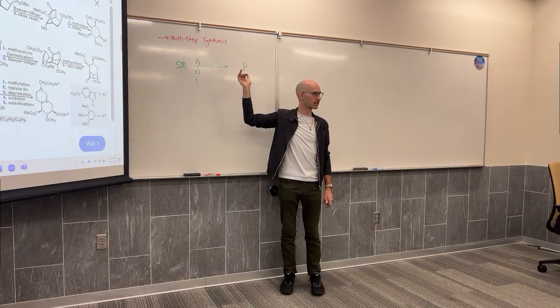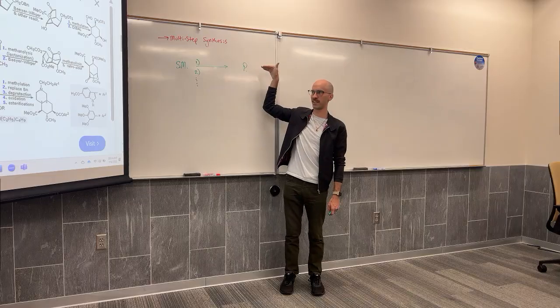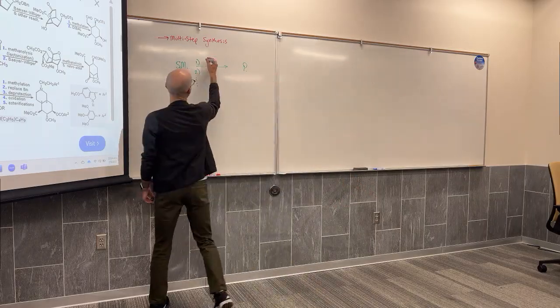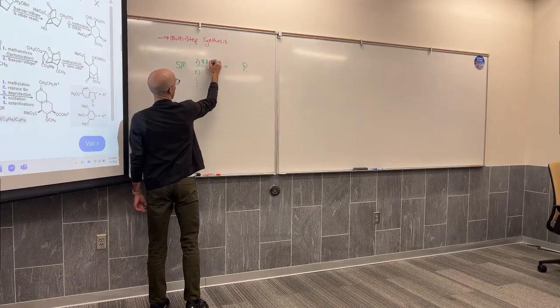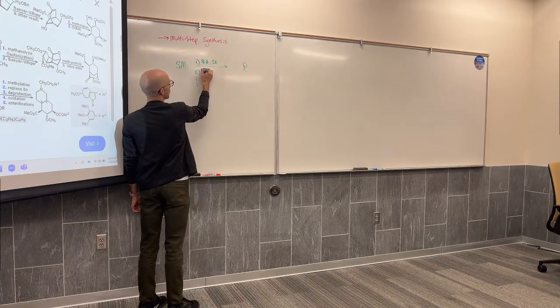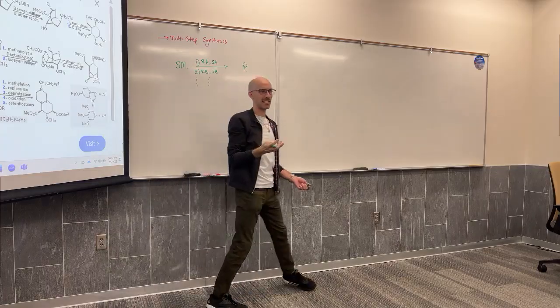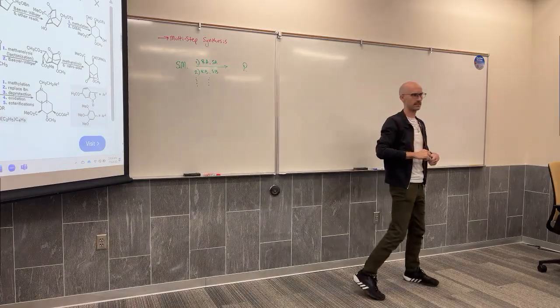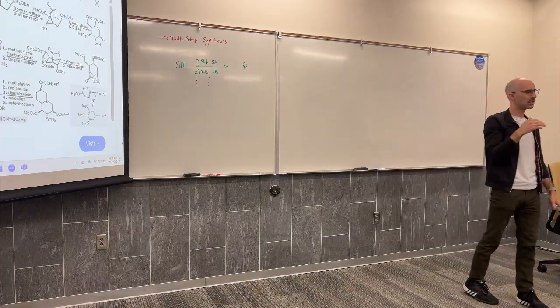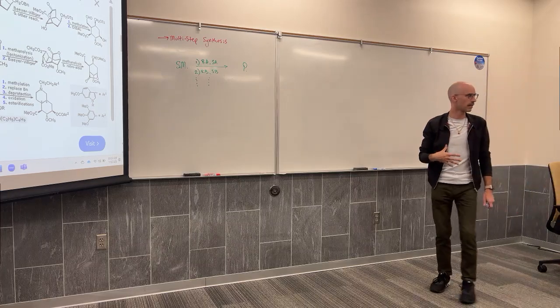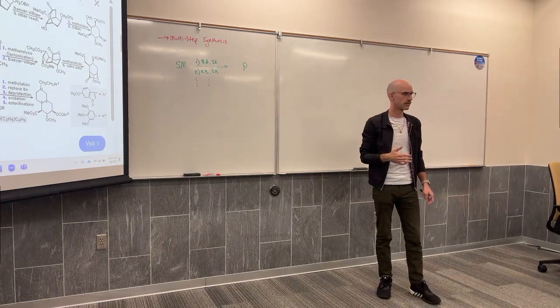Where do the reagents and the solvents go? They just all go onto the same line. So we could say reagent A plus solvent A. We could say reagent B plus solvent B, etc. Does that make sense? The arrow is one of the most confusing places for a beginning organic chemistry student.